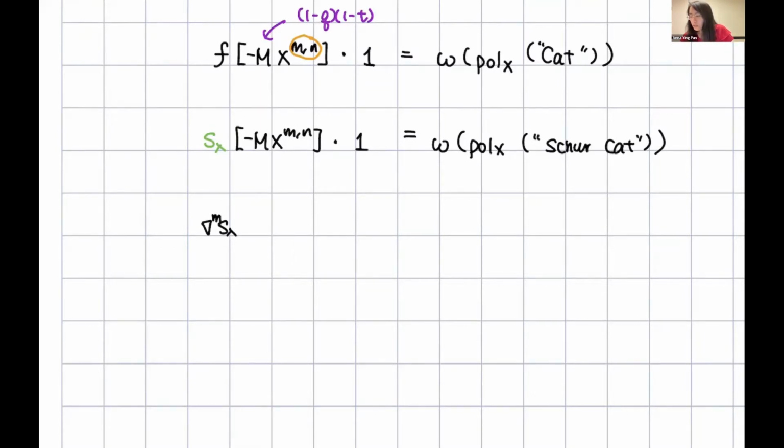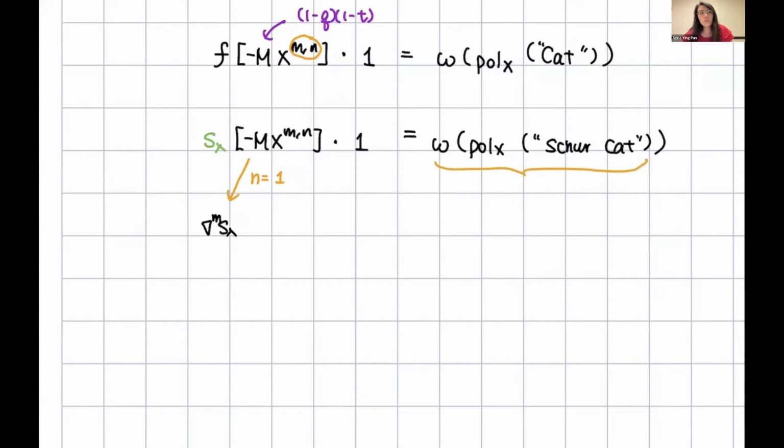How is it going to relate to these? Well, if you set n equals 1, that gives you nabla to the power m on s lambda. So I just need to know the combinatorial formula on these, then set n equals 1 as a special case, and I'm all set. This is the idea of the whole proof.